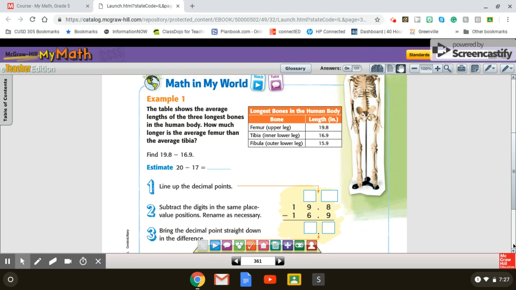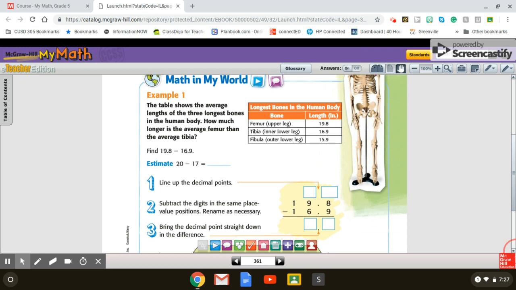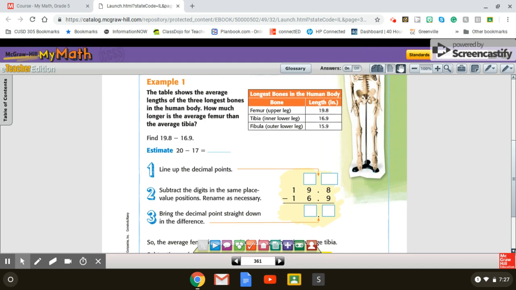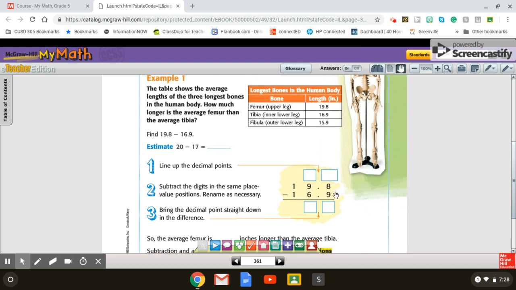Then we subtract the digits. We can't take 9 away from 8, so we have to borrow. We're going to cross off the 9 and make this an 8, and adding the 1 we borrowed from the 10s makes this 18. 18 minus 9 is 9. 8 minus 6 is 2.